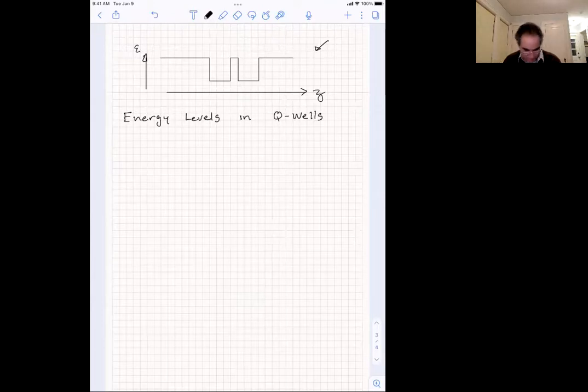In that case, we're going to use separation of variables to treat this type of problem. That is, we'll say that the wave function, little psi of r, so already this is the envelope part of the wave function, we can write it as the product of several different functions.